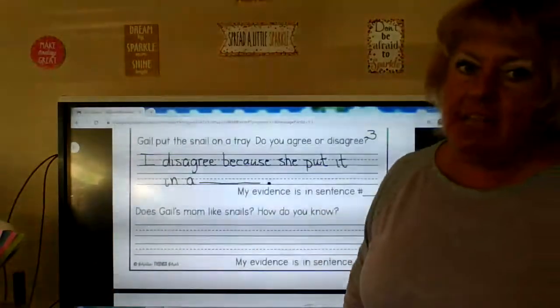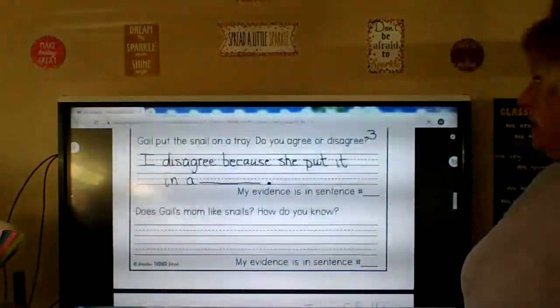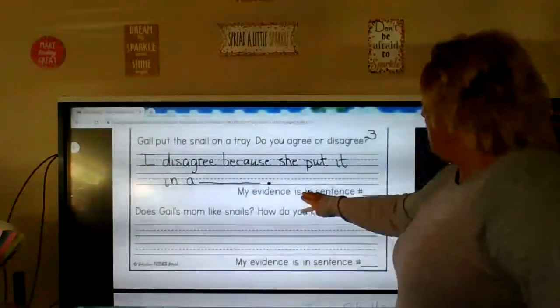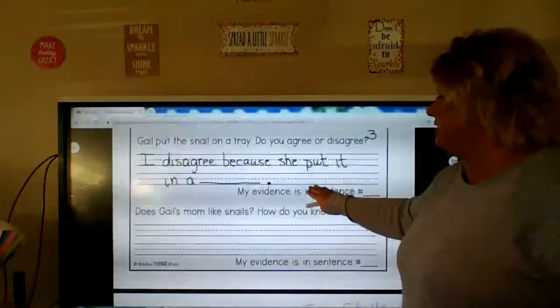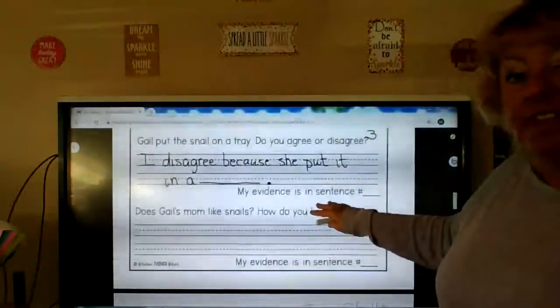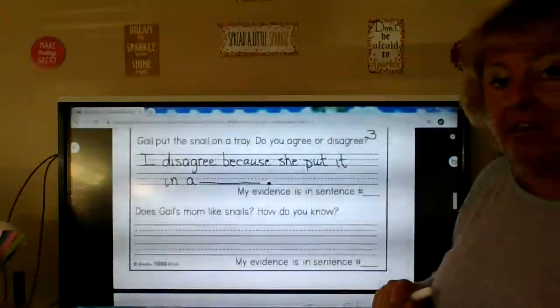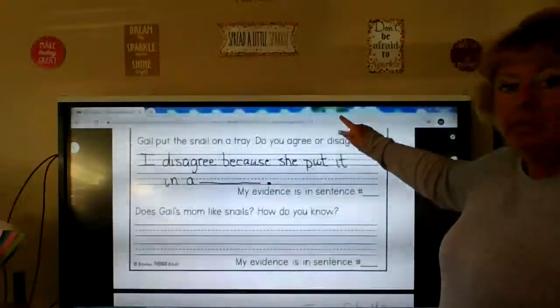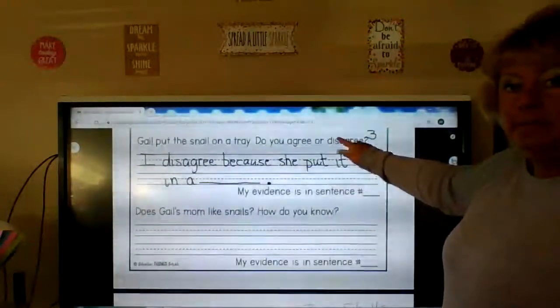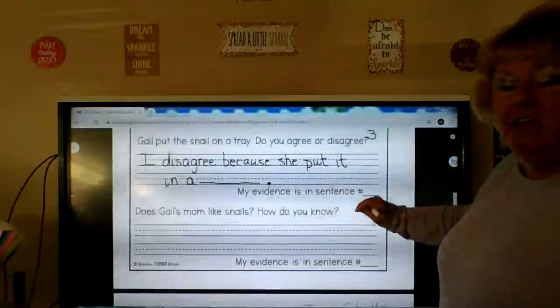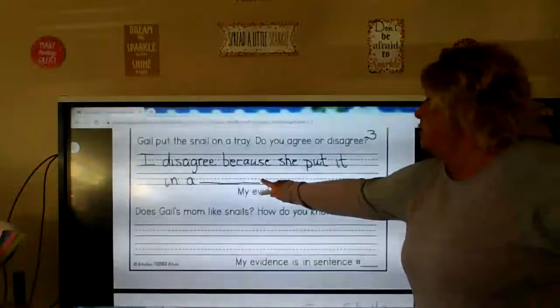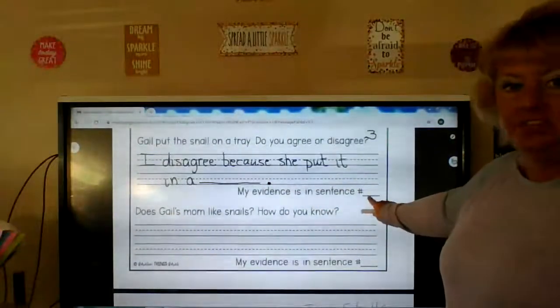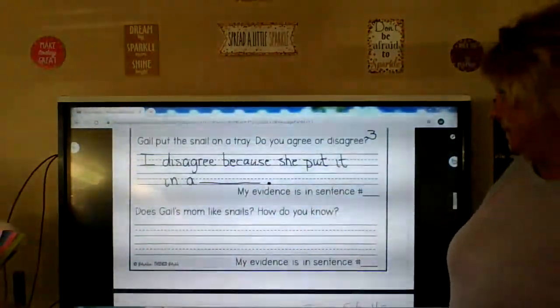I disagree because she put it in a, and how do we know? What sentence did we find that answer in? What sentence did we find where she put the snail? And you put the sentence number here. Go back up and look for the answer. Where did she put the snail? Write one word and write down the sentence you found that answer in.